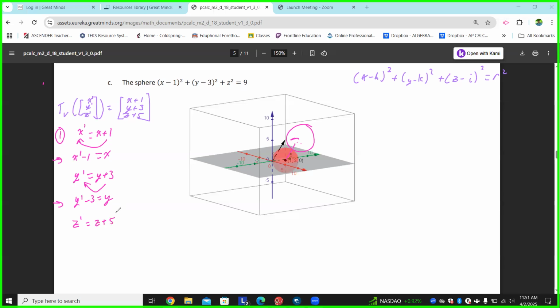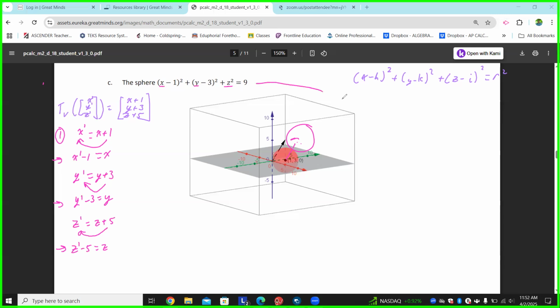How would I solve this one? Subtract 5. So now I get Z prime minus 5 equals Z. Take these three equations and substitute them in for X, Y, and Z so that we're able to produce our new sphere equation.